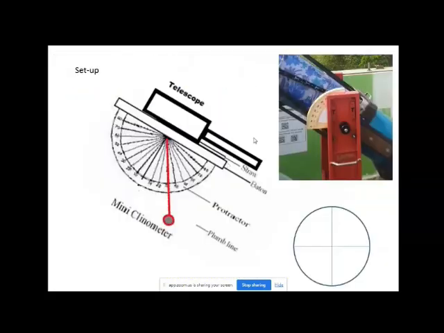I think everyone can build this setup, and we just have to measure the angular size of the moon with this setup. It will be better if we put a crosshair on the eyepiece of this small telescope for perfect measurement.